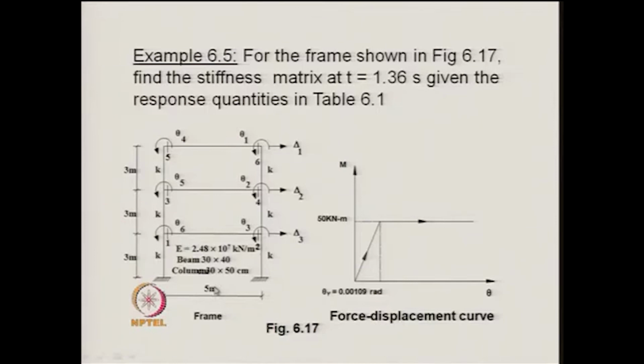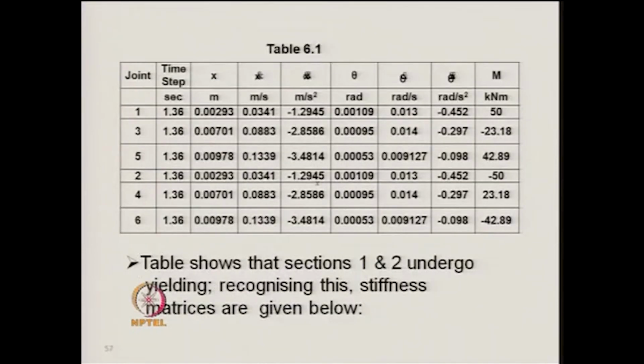So, they are basically shown over here as joint, and at time step 1.36 we have the displacement x as equal to 0.00293. Then for the displacement next is 0.00701 and 0.00978.